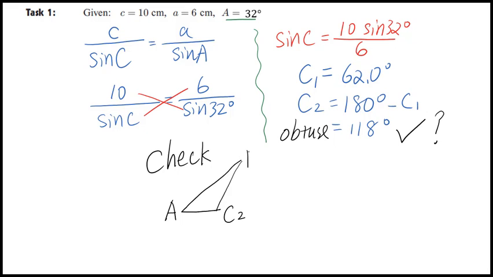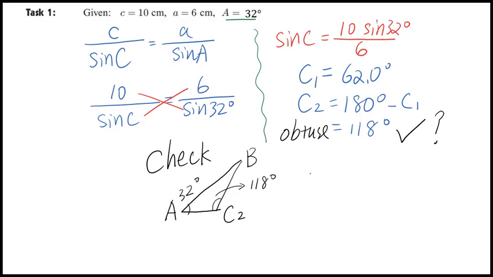So this one let's label as B. We know for A, this is 32 degrees. For this C, it will be 118. How to check whether this C2 exists or not?